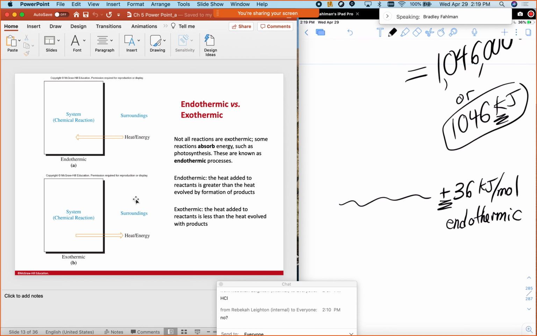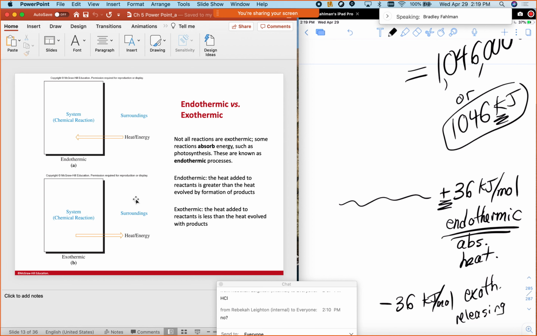That means that it's absorbing that much heat. Okay, if it's minus 36 kilojoules or whatever, that's exothermic, and that means it's releasing that much heat. Okay, so that would be this situation. It's outputting those kilojoules. Okay.